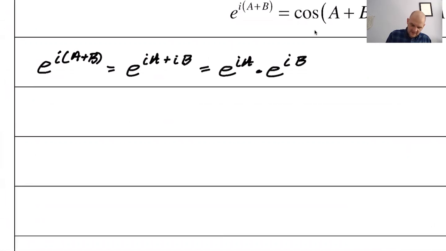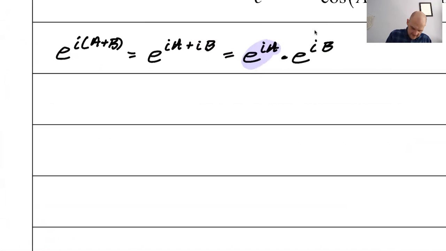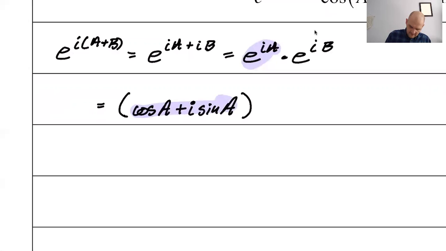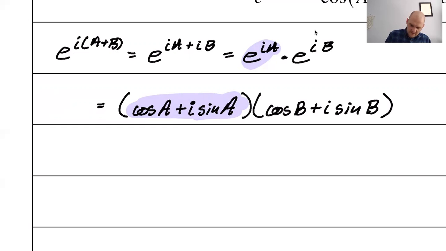But e to the ia is going to be cosine of A plus i times sine of A. So this now is going to be cosine A plus i sine A. I'm not going to use parentheses because it gets way out of control, but they should be there. And then this cosine of B plus i sine of B is the same as this.